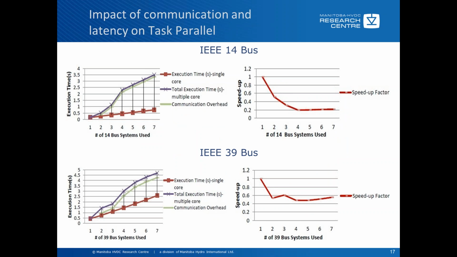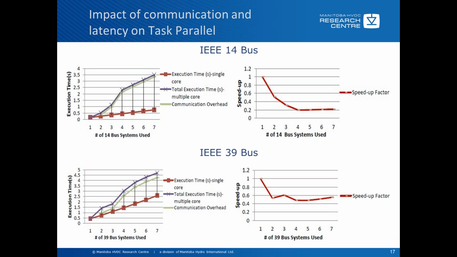In earlier tests on TCP, we found that as we use smaller systems like the 14 bus, the communication overhead was much greater than the actual execution time. So if you look at the first graph of the 14 bus system, you'll see that the execution time is much higher than the red line.